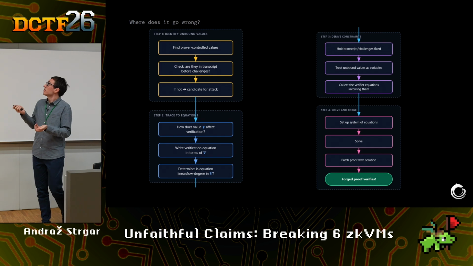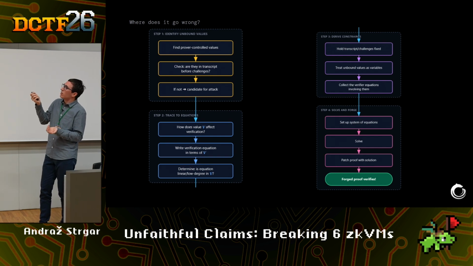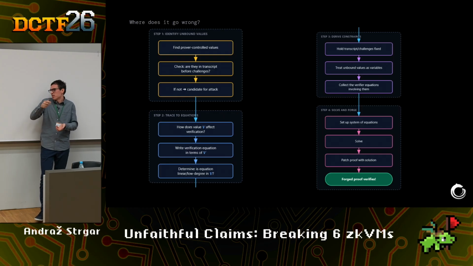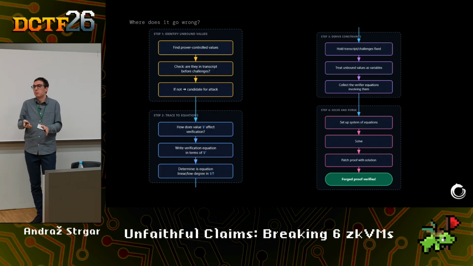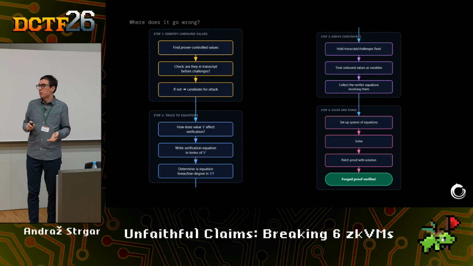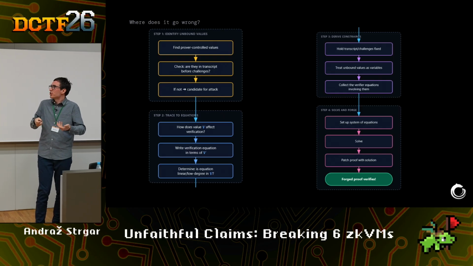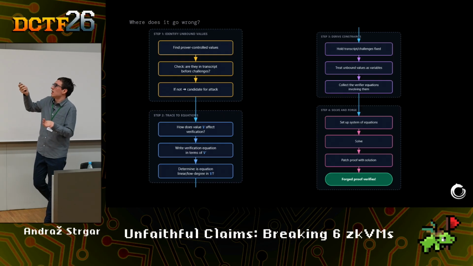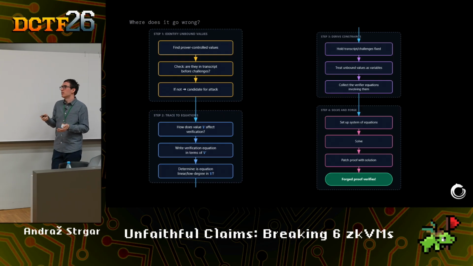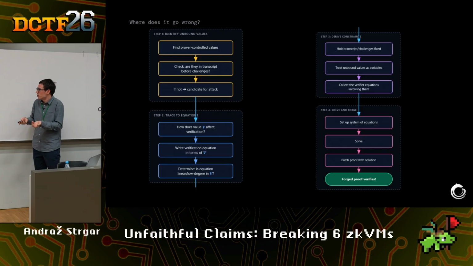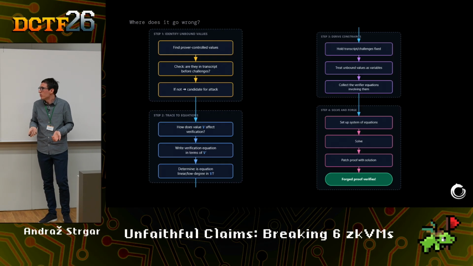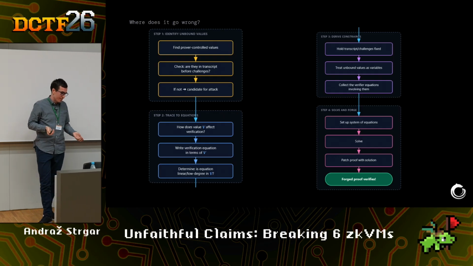So if there are any such values that are not appended to the transcript, we can run the proof on some wrong, malicious values, see how it goes, and then change these unconstrained values afterwards, and the rest of the proof will not change, but maybe the final equation check will pass now, and we get a forgery.